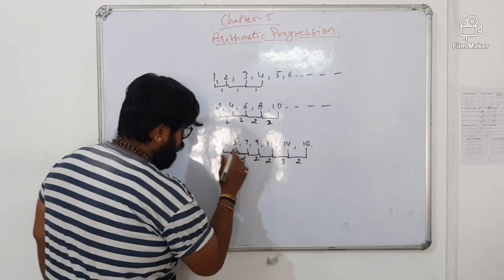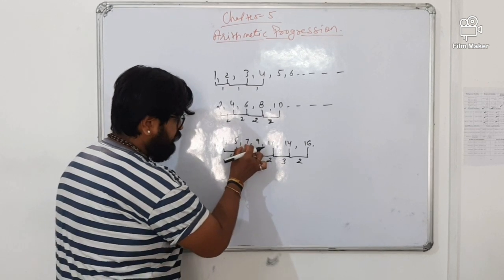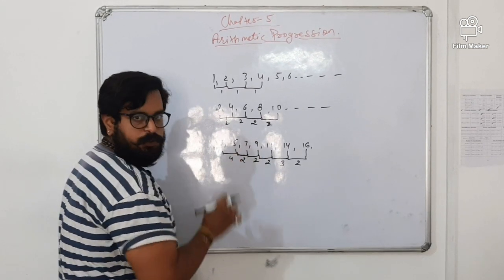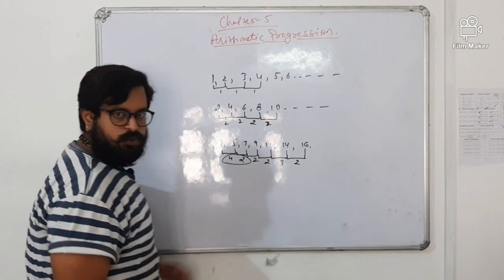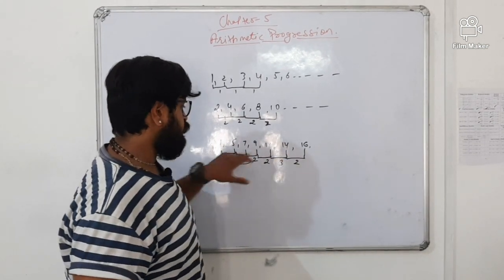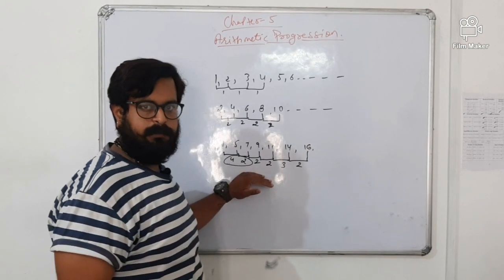See, the difference between the first two numbers is 4, and between the next two is 2. The difference is not the same, so these numbers are not in a sequence, because the numbers are not repeating in a pattern.